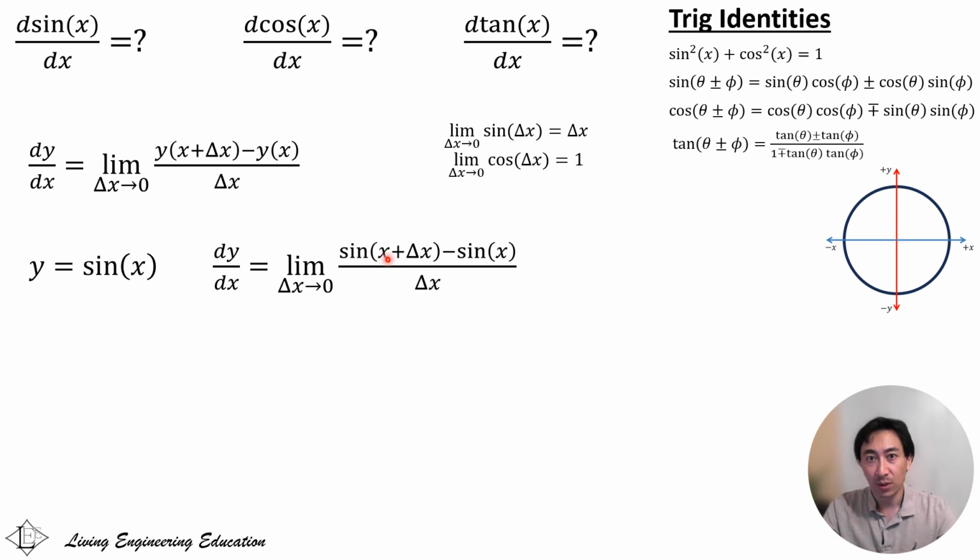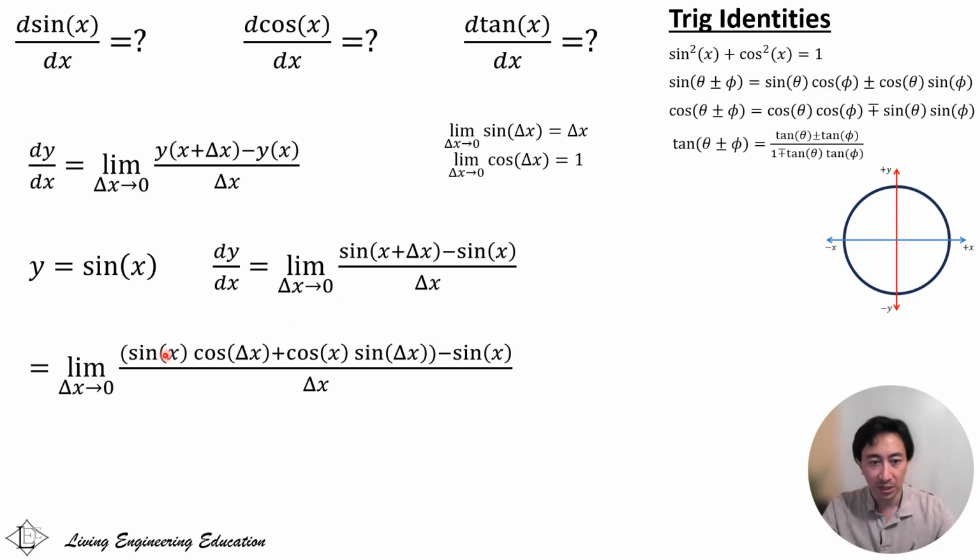So I want to expand this sine of x plus delta x. I can use my trig identity. I have sine of theta plus or minus phi right here. Theta is going to be my x term, we're going to have plus, and then phi is going to be my delta x term. So I can basically rewrite this term and swap out my thetas for x and my phis for delta x.